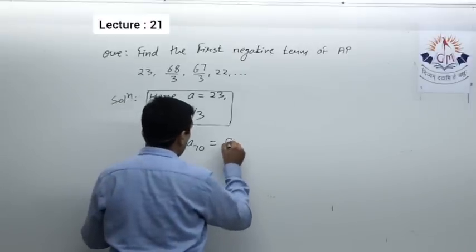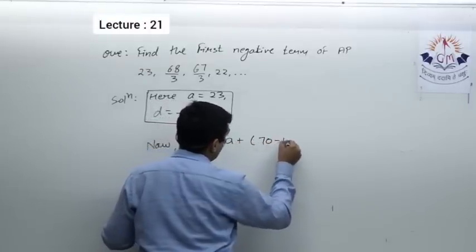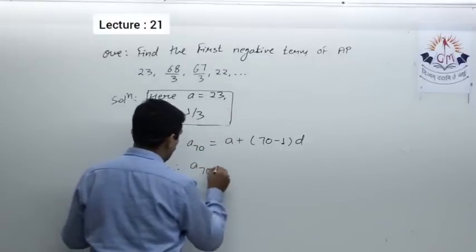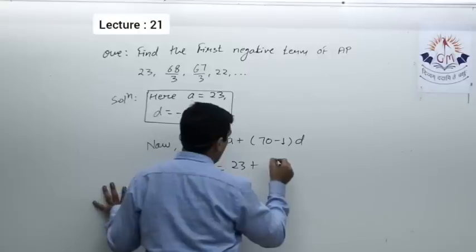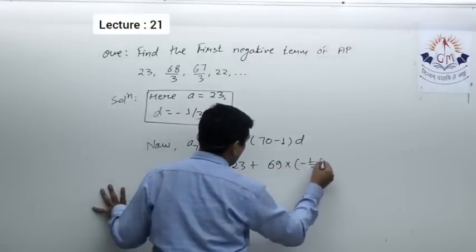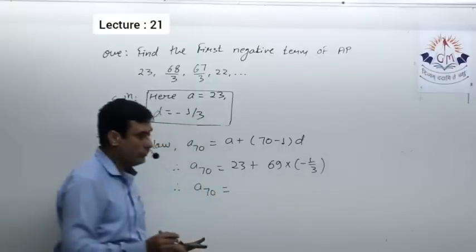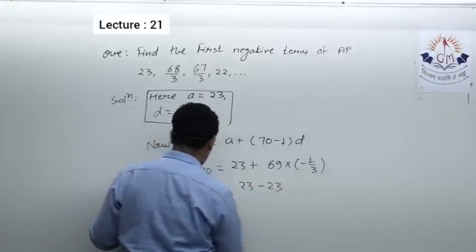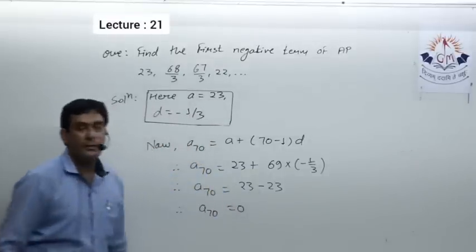A70 is equal to A plus 70 minus 1 into D, isn't it? So A70 is equal to A is 23, 70 minus 1, that is 69, D is minus 1 by 3. Therefore A70 is equal to 23 minus 23. Obviously, A70 is equal to 0, which is non-negative, isn't it?